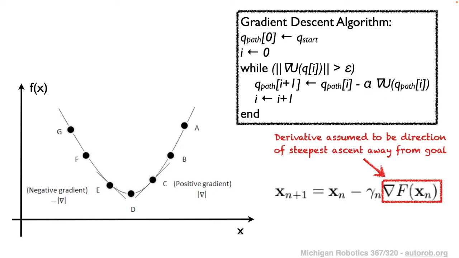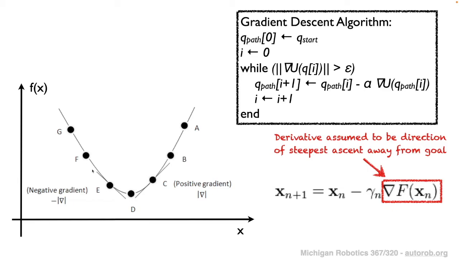We scale that by some step length, just as we did in the Jacobian transpose method, and then move on to the next step of our gradient descent loop. The reason that we move in the negative direction is to ensure that we're decreasing our potential. If you'll recall, on the last slide, we defined the goal configuration at the position such that the potential is minimized.